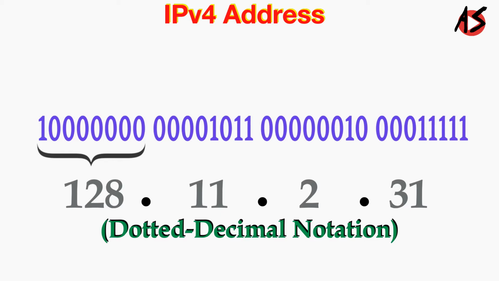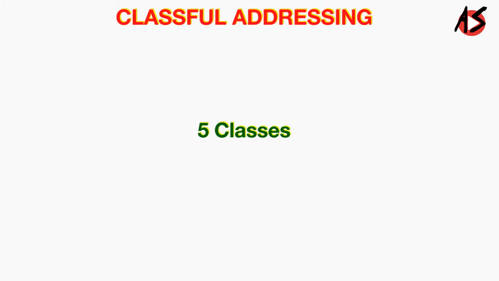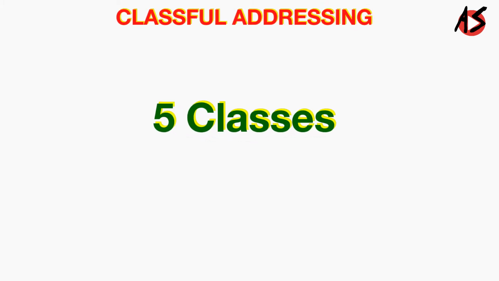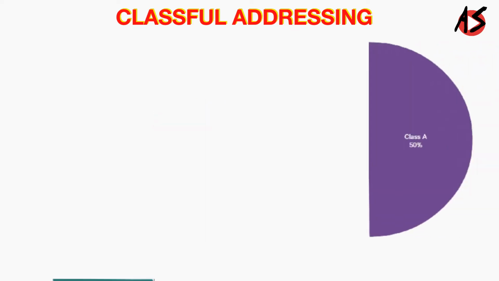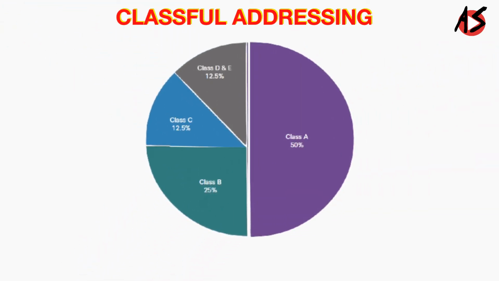As IPv4 uses 32-bit addresses, the address space is 2 to the power 32, or we have more than 4 billion IP addresses. In classful addressing, the IP address space is divided into 5 classes: A, B, C, D and E. Each class occupies some part of the whole address space.